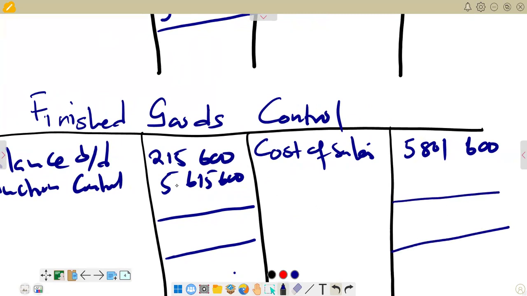We are now saying that if we add the debit and credit, you see that the debit is going to give us a greater total of 5,831,200.